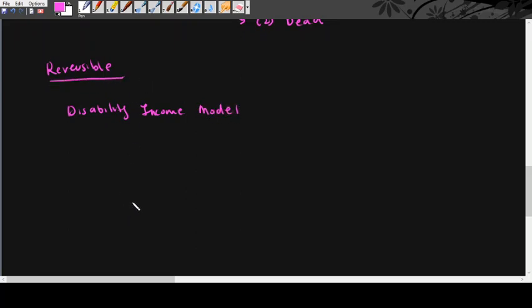For disability income model, usually the policyholder will subscribe the policy when they are healthy, which is state 0, and then from state 0 goes to state 1 when the policyholder becomes disabled, or can go to state 2 where the policyholder died.